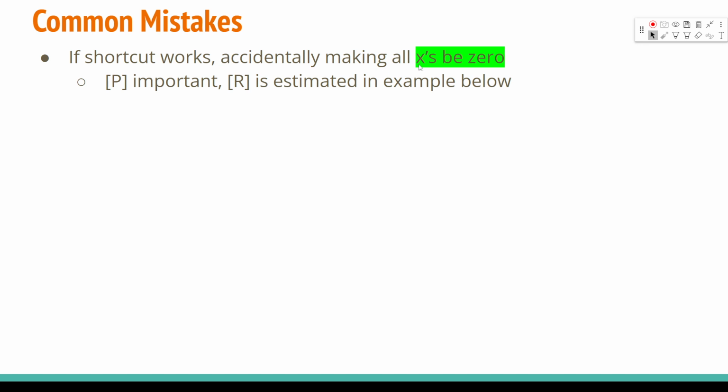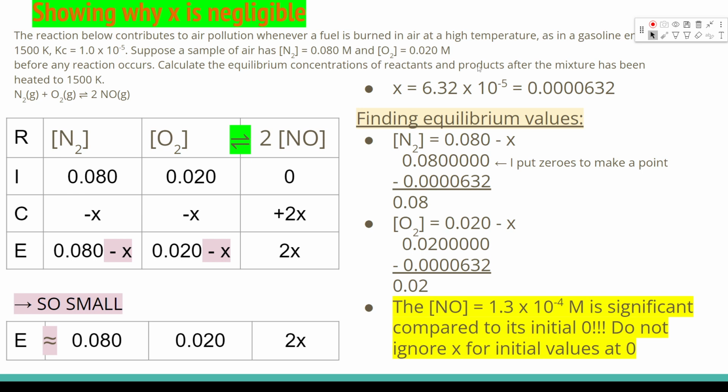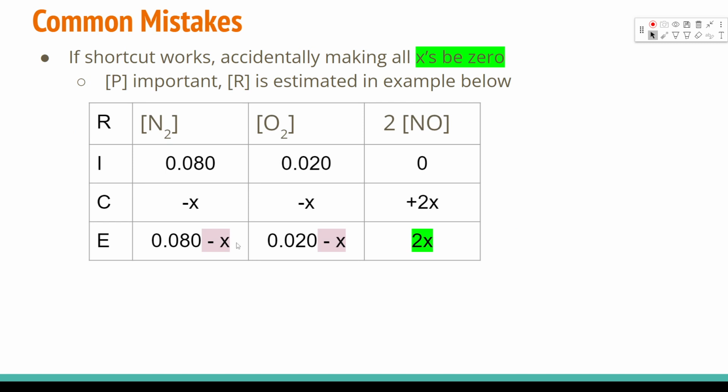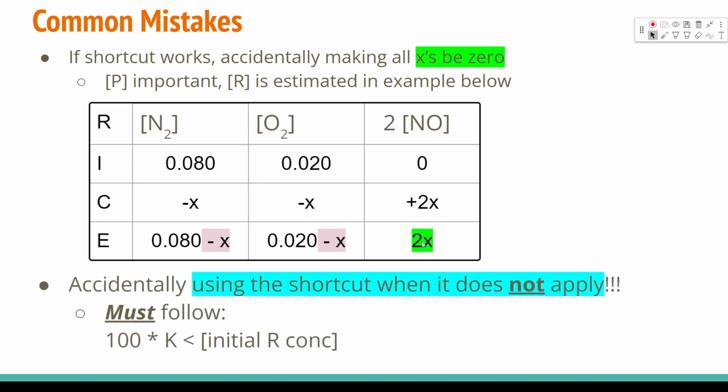Common mistakes. Making all the x's 0. So going back here, making this nothing. That's a very common mistake people make. The products are important for this. The reactants are estimated, as in the example from earlier. So we did these two as estimations, and then this one mattered.